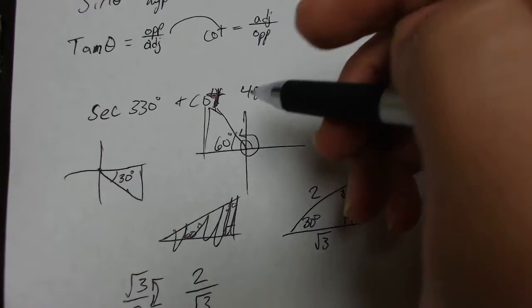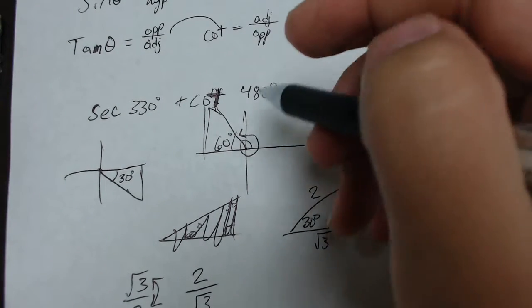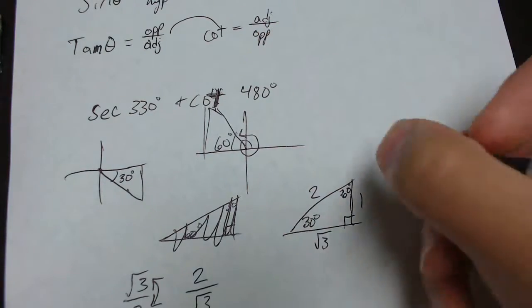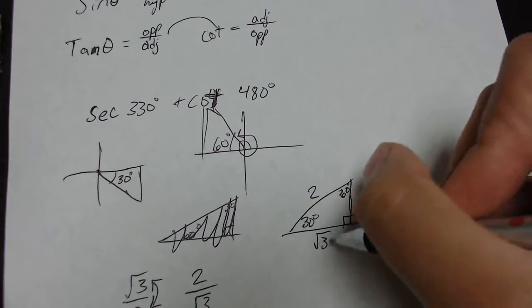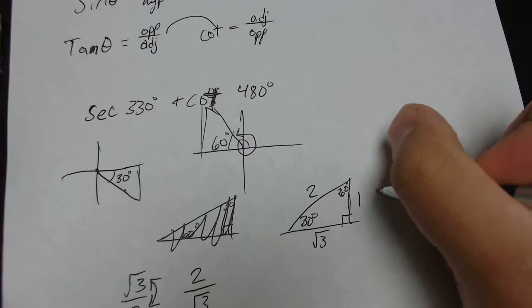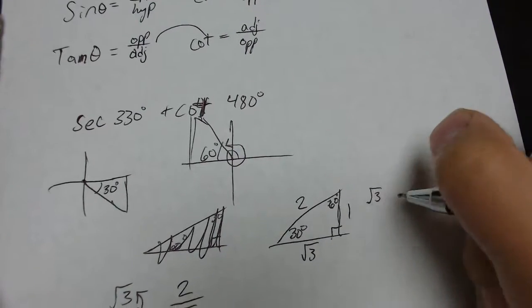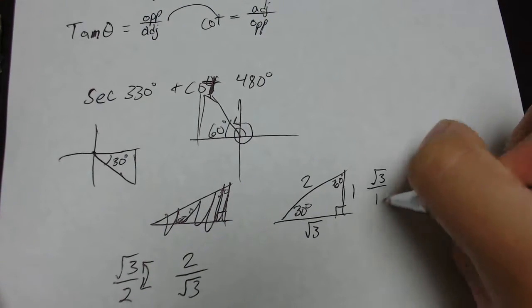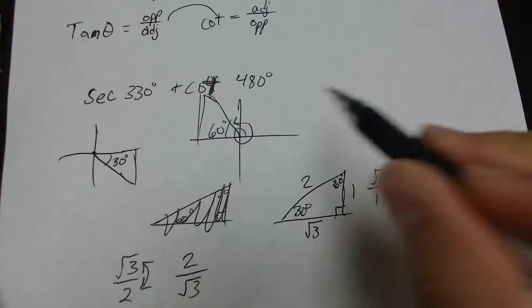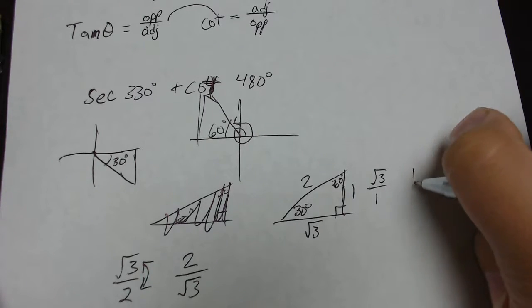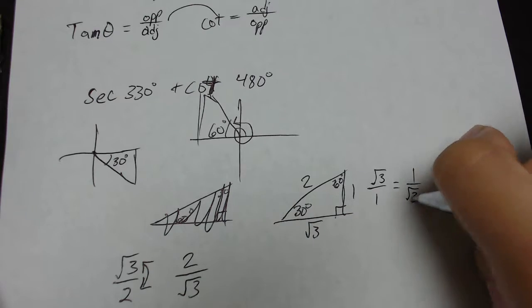Now, let's go to the cotangent of 480, or the tangent of 60. So if I did the tangent of 60, that would be opposite over adjacent. So the tangent would be root 3 over 1. And then the cotangent, or the reciprocal, is going to be 1 over root 3.